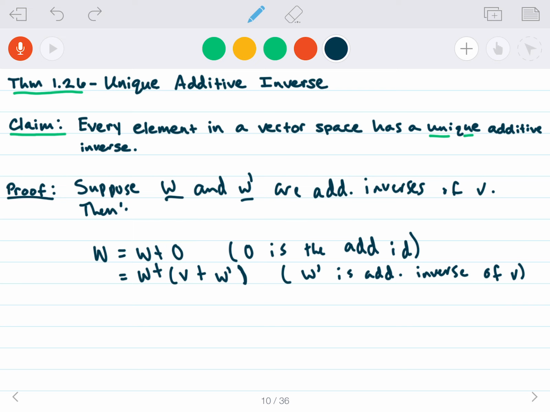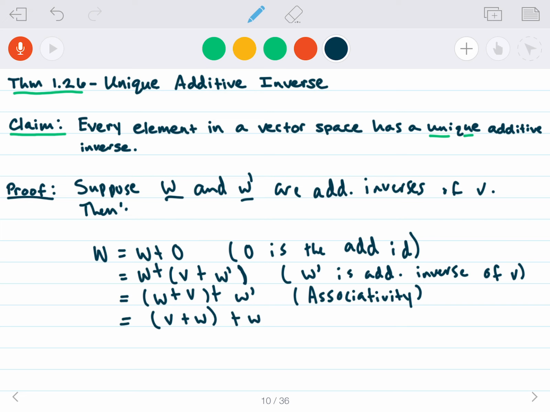All right, now we can move parentheses because vector addition is associative. So this is the same thing as (W plus V) plus W prime. And again, this is just associativity. By commutativity, this is the same thing as (V plus W) plus W prime.